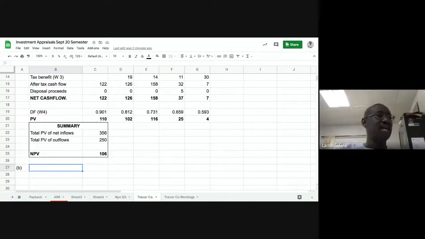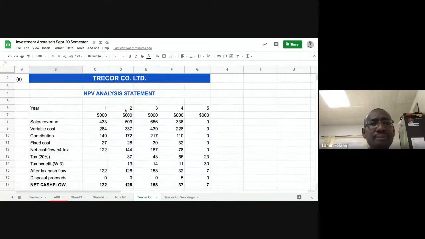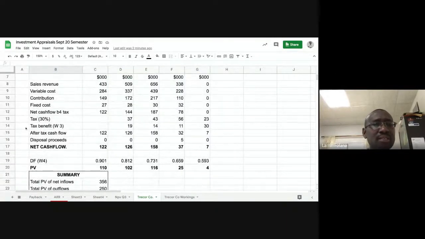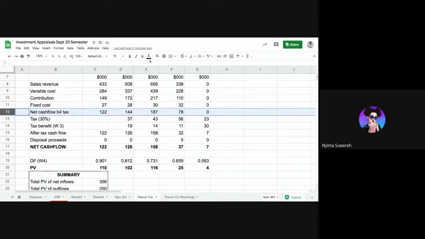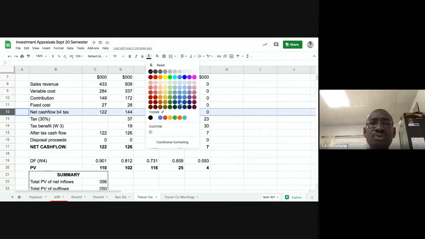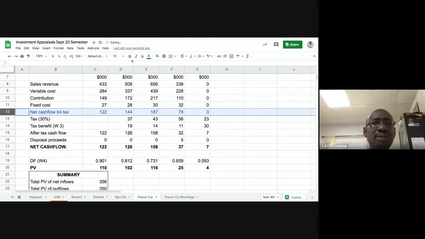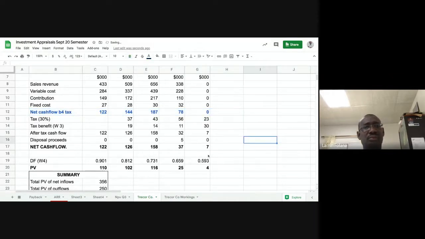So the before tax numbers are what we're going to use: 122, 143, 187, 78, and 0. Good.